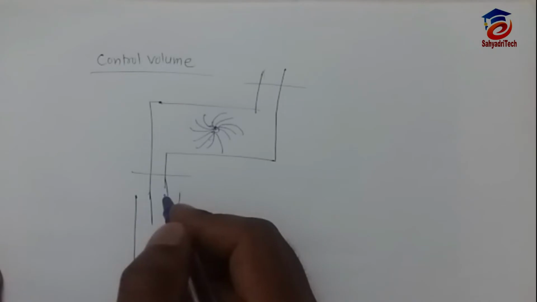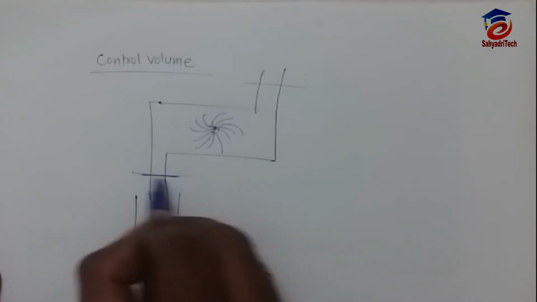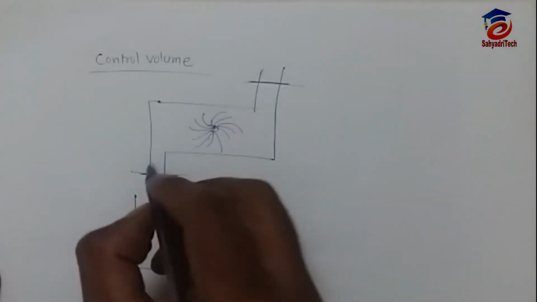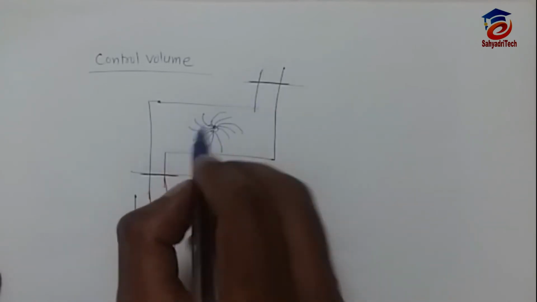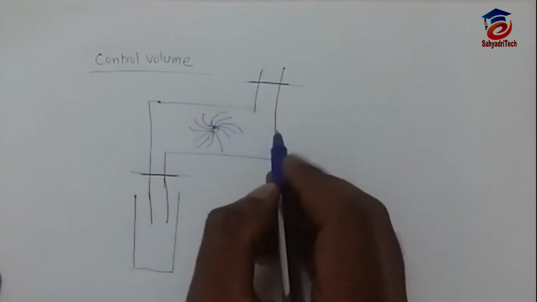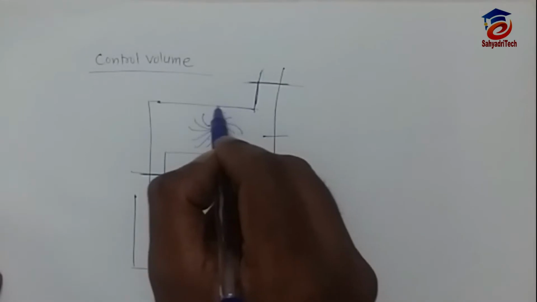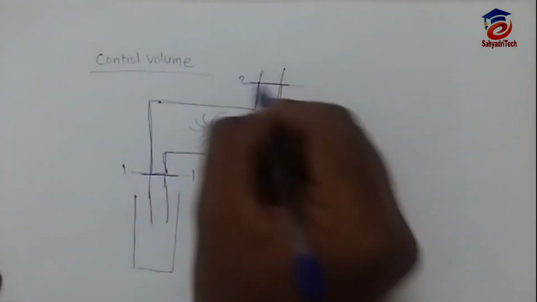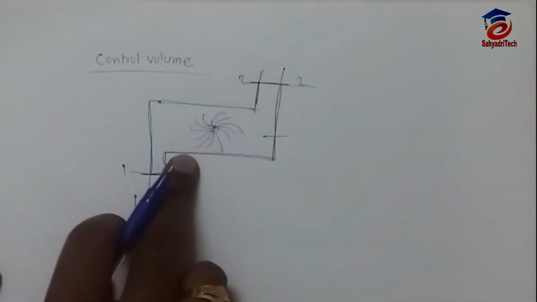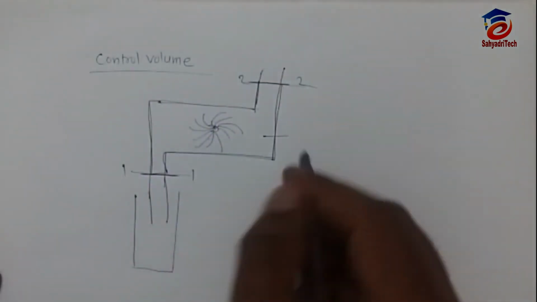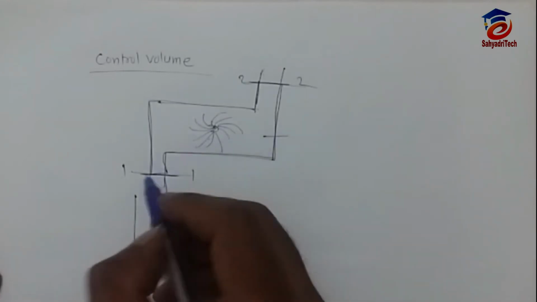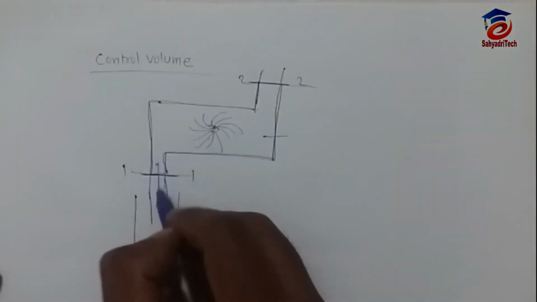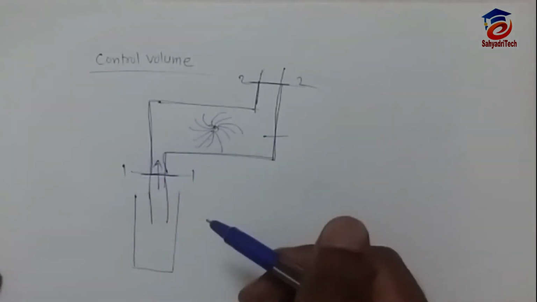So when we say control volume, the volume is fixed, but mass is moving, and the discharge rate is the same. Suppose this is our boundary, section 1 and section 2, and inside this boundary the volume is always fixed. But you will ask, water is coming inside, so how is the volume fixed?